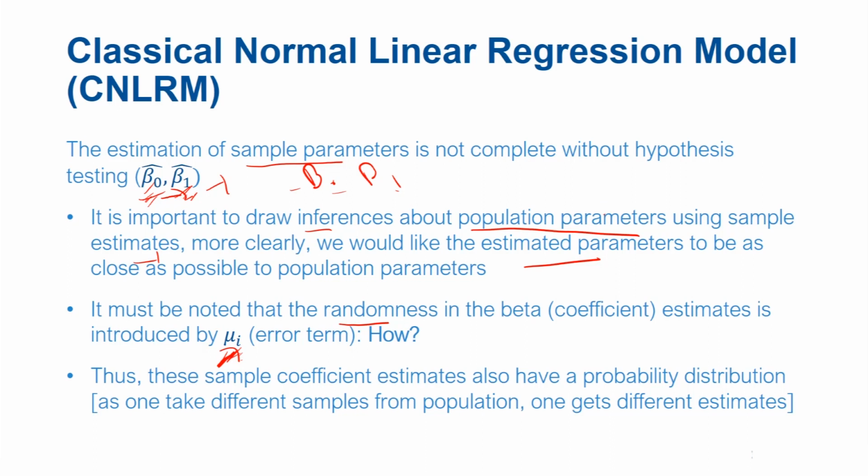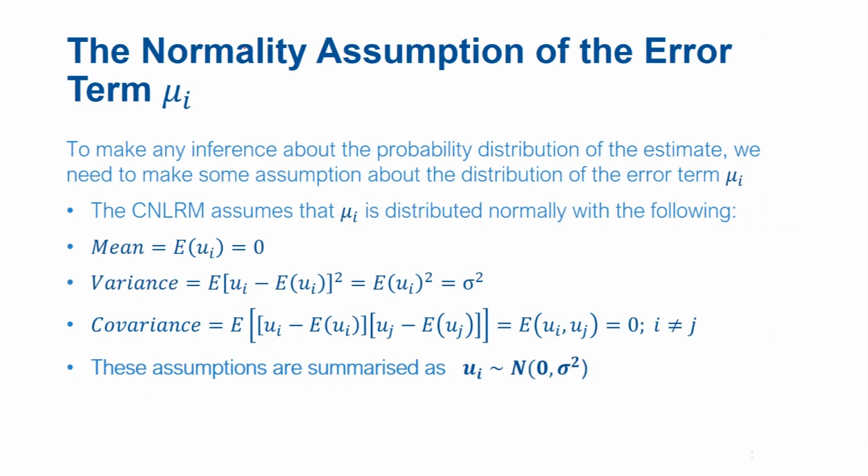And therefore, if you want to make any inference about beta naught hat and beta 1 hat, you need to know their distribution, which is essentially the distribution of the error term itself, because this is the one causing randomness in beta naught hat and beta 1 hat.